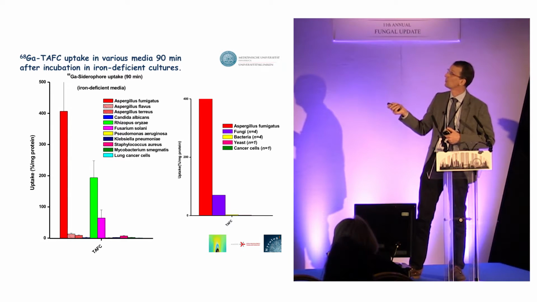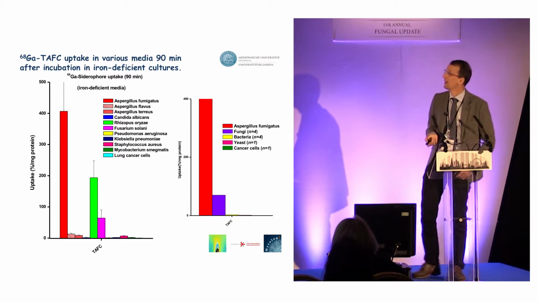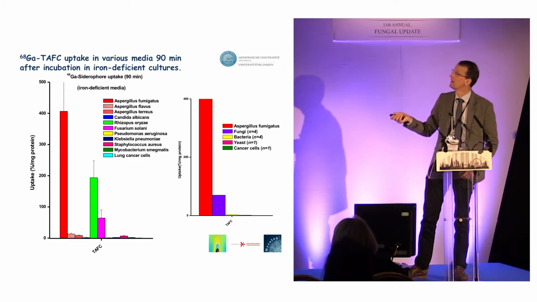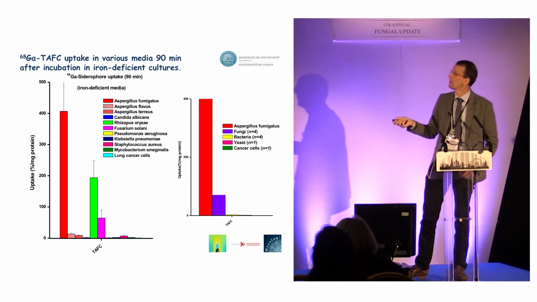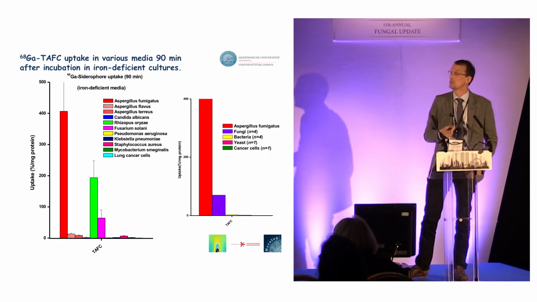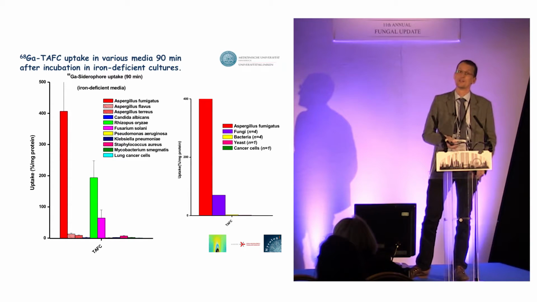That is known for some organisms. What we found for the TAFC, which is produced by Aspergillus fumigatus, labeled with gallium, is a very high specific uptake in fumigatus, but practically no uptake in Aspergillus flavus or terreus. We found some uptake in Fusarium and Rhizopus species, whereas the bacterial species did not show any uptake.